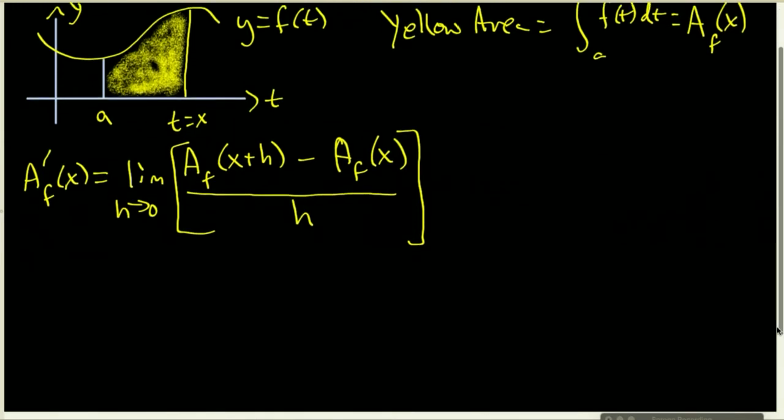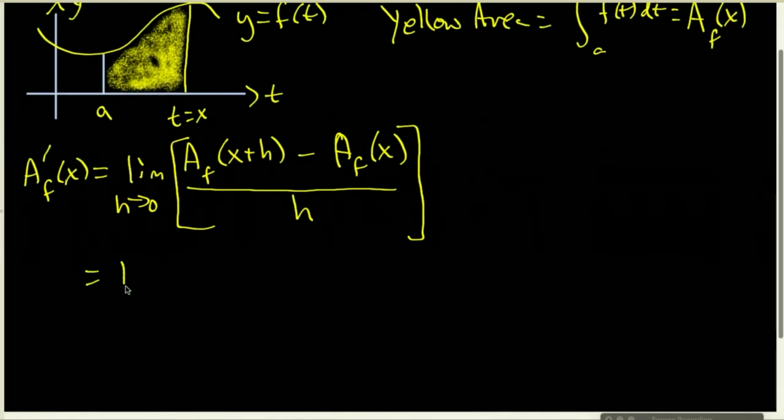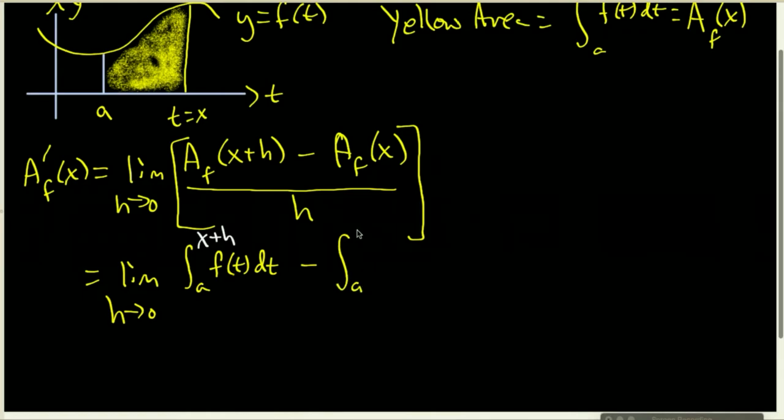So let's think about what they are in terms of formula. This one here is going to be the integral from a to x plus h. The upper endpoint is going to be x plus h, but the integrand is still going to be f of t dt. And then we're going to subtract off the integral from a to x of f of t dt. And we have to divide all of that by h.